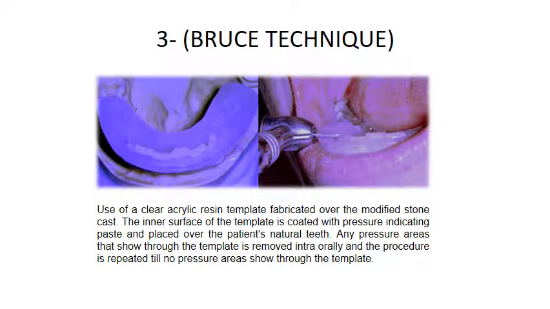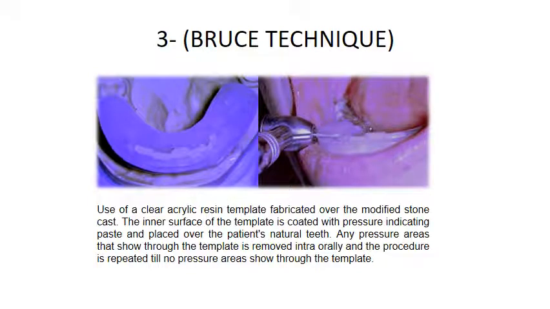The third technique is the Bruce technique. This technique depends on the use of a clear acrylic resin template fabricated over a modified stone cast. Then the inner surface of the template is coated with a pressure-indicating paste and placed over the patient's natural dentition.